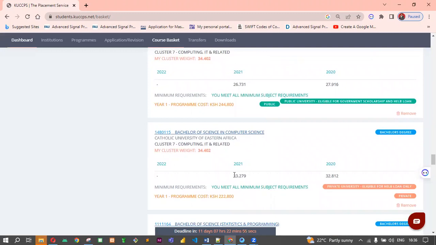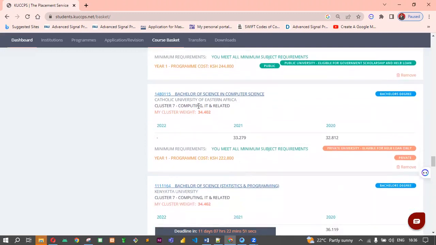And I can see that you qualify based on cluster weights. But remember, Catholic University, I lecture there. You look at the fees, because they also show you the fee structure according to that university.